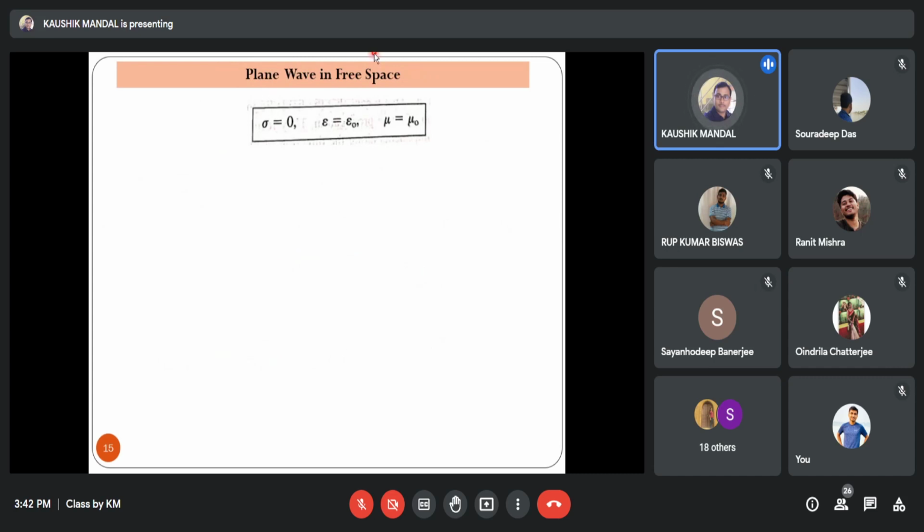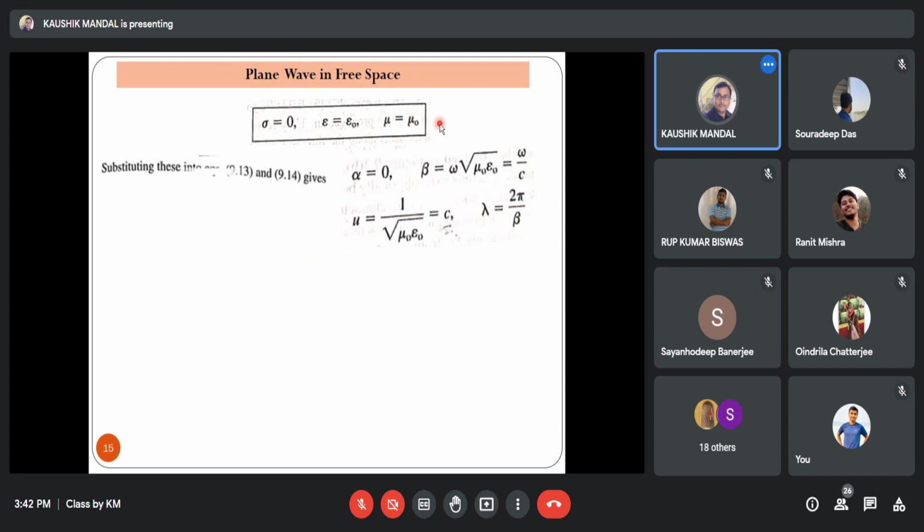So in free space also, what is sigma? In free space, sigma equals 0, epsilon equals epsilon naught, and mu equals mu naught. From the basic equations of alpha and beta, you will find alpha equal to 0 and beta equal to omega root of mu naught into epsilon naught.